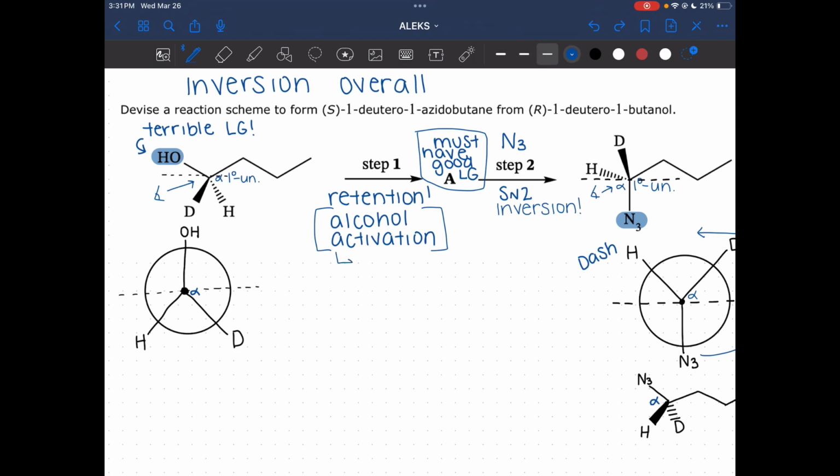Alcohol activation. This lets us install a good leaving group. And we know we need that good leaving group, because to do SN2 in the second step with N3, SN2, one of its requirements is to have something that can leave when we do that concerted mechanism.